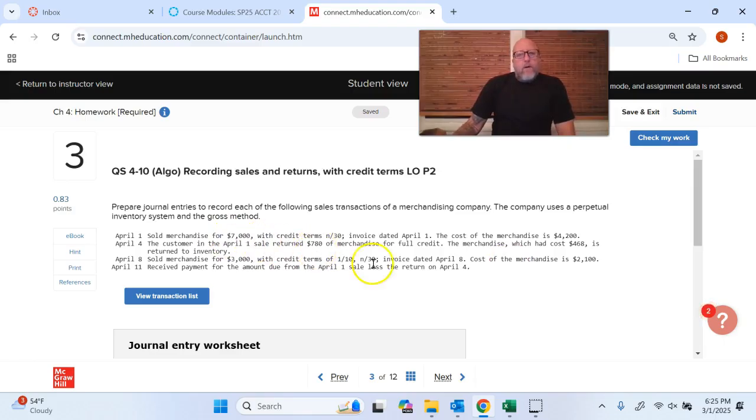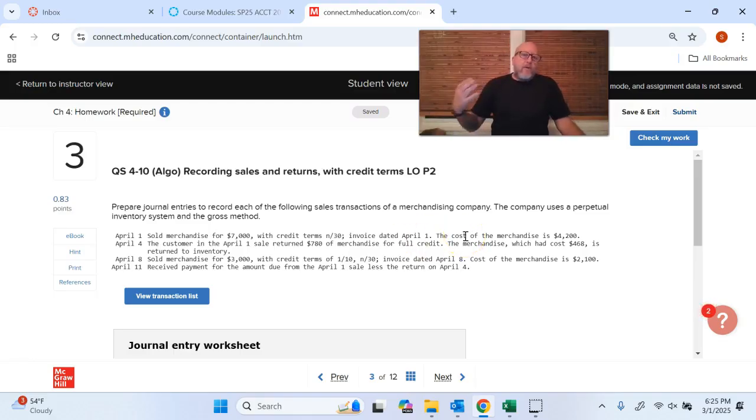On April 4th, the customer is going to return $780 worth of merchandise. And remember, unlike transactions between the vendor and the merchandiser, where we dealt with returns as impacting directly the inventory account, on the sales side, we are going to create a contra sales account called sales returns and allowances.